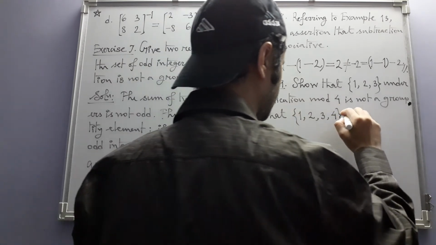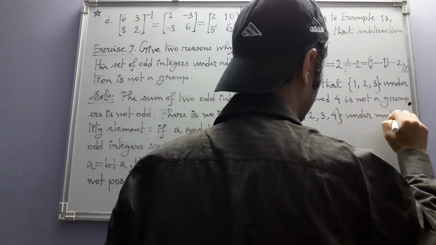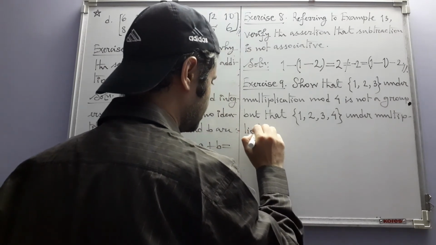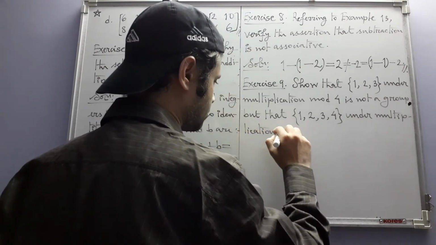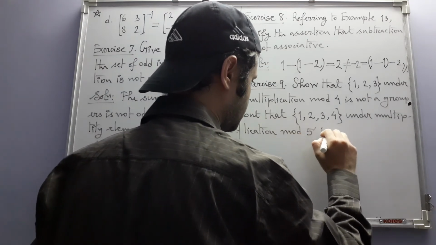But this set under multiplication mod 5 is a group.